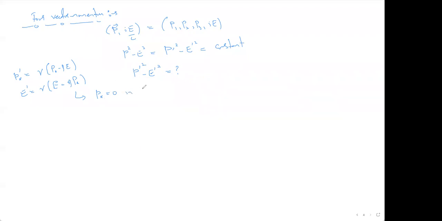Px is equal to 0 in S frame, the frame which is at rest. Because it is at rest, so obviously the momentum will be equal to 0. Then what will be this E dash? Then E dash क्या होगा इसमें lab frame में? Then E dash will be equal to, when Px is 0, gamma E.